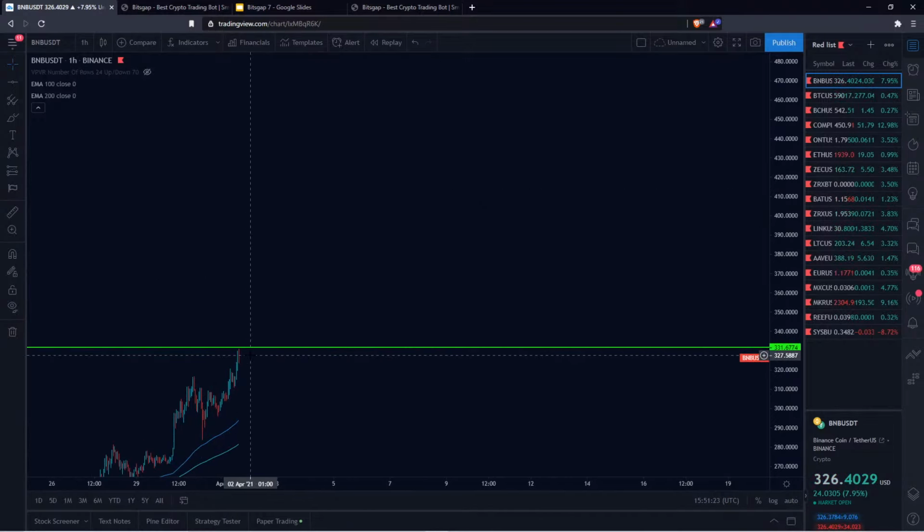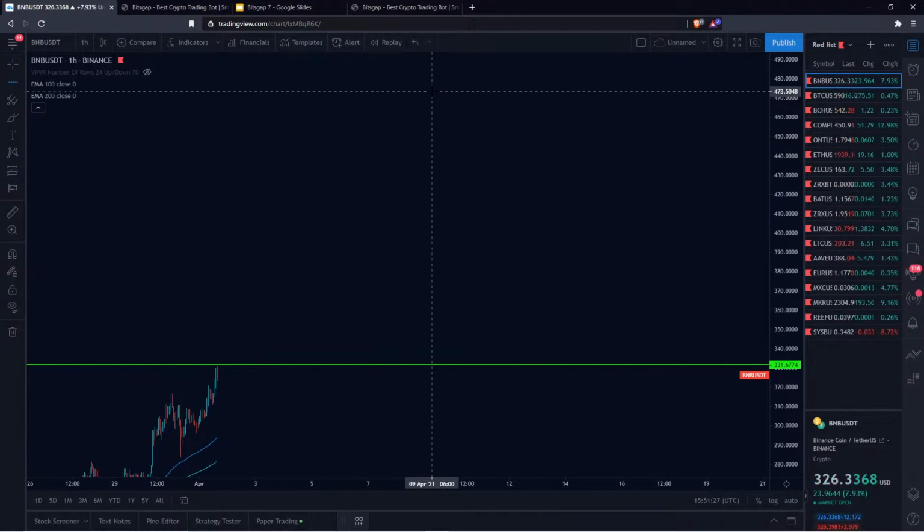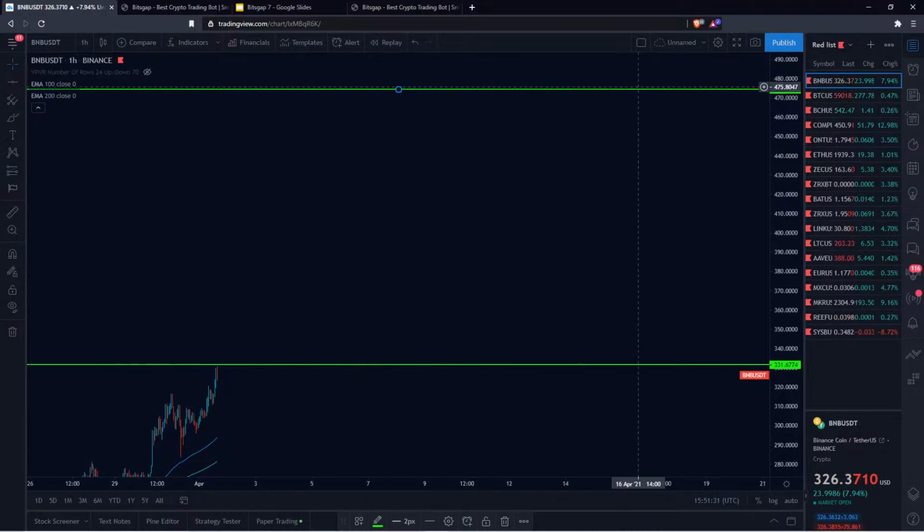It just stays in your portfolio and you do nothing about it. So you hope that one day you open the chart and you will see the price of BNB trading at, let's say, 474. But this can happen maybe in 2 years, maybe in 1 year, or maybe even tomorrow. You never know. It's always about luck.